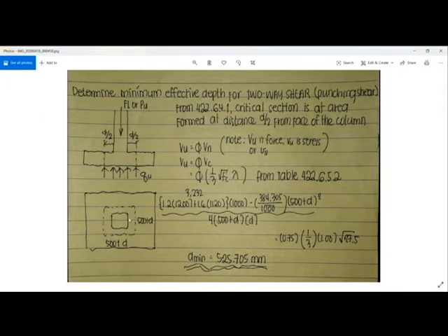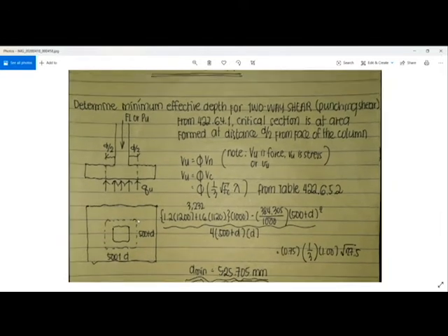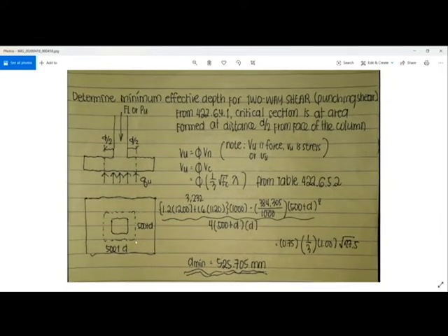D over 2, D over 2, D over 2, D over 2. So therefore, we can form another square here, which is equal to 500 plus d and 500 plus d. Okay? So we have a general formula here.